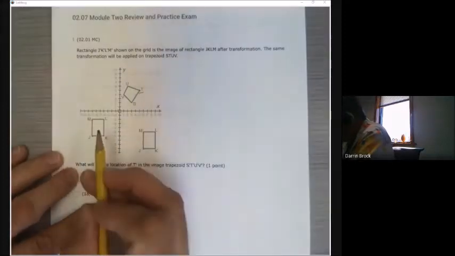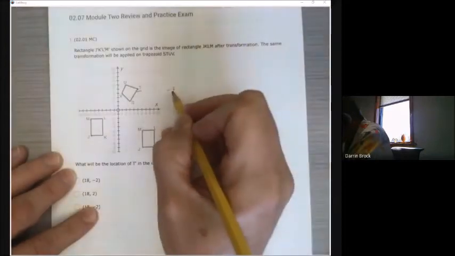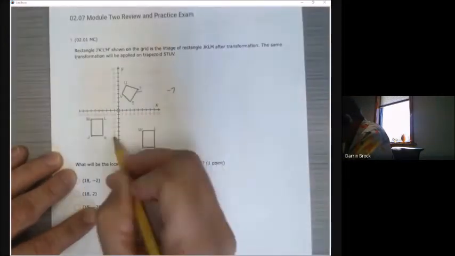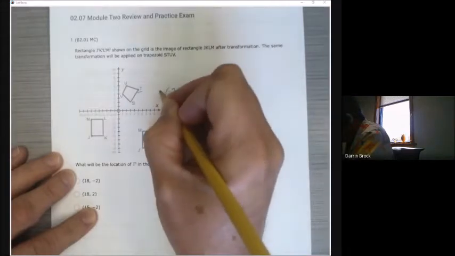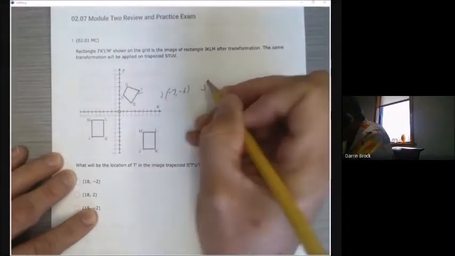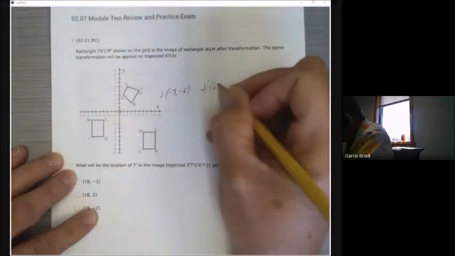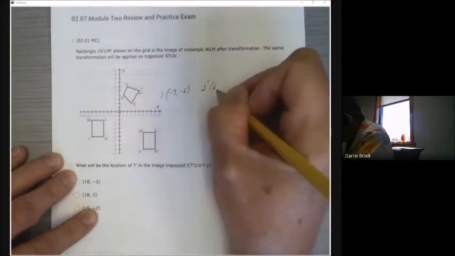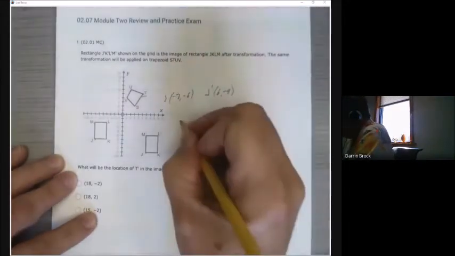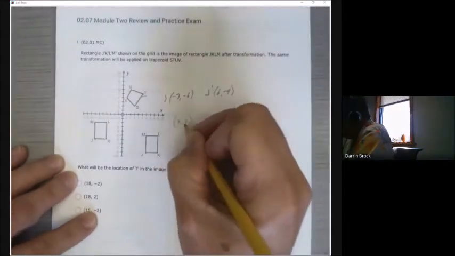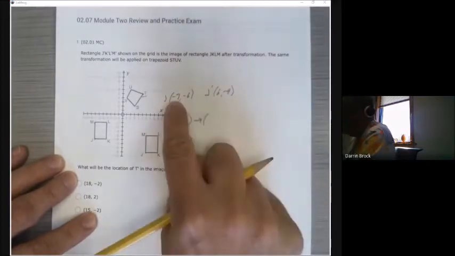Let's look at point J. J was at -7, -6. That is the point of J. J prime is at 6 and -9. So what transformation was done? Obviously it used to be X, Y, and the X went from -7 to +6.